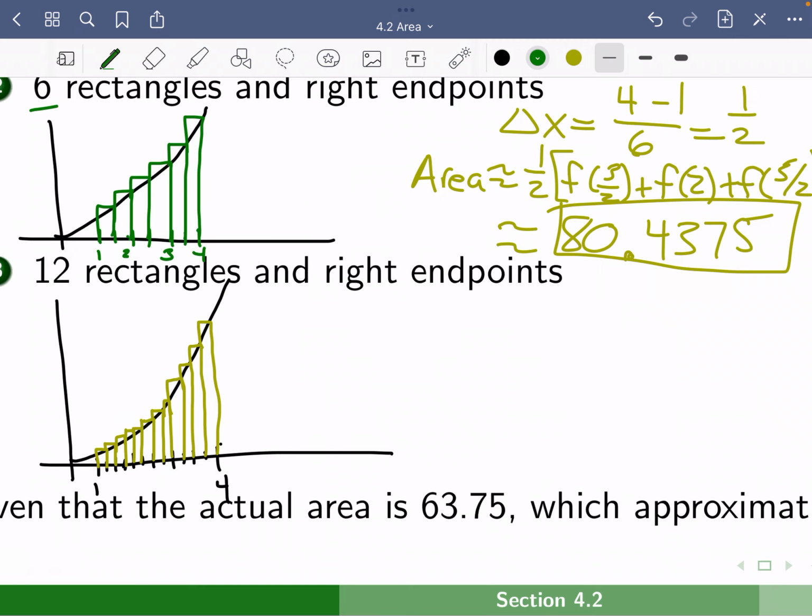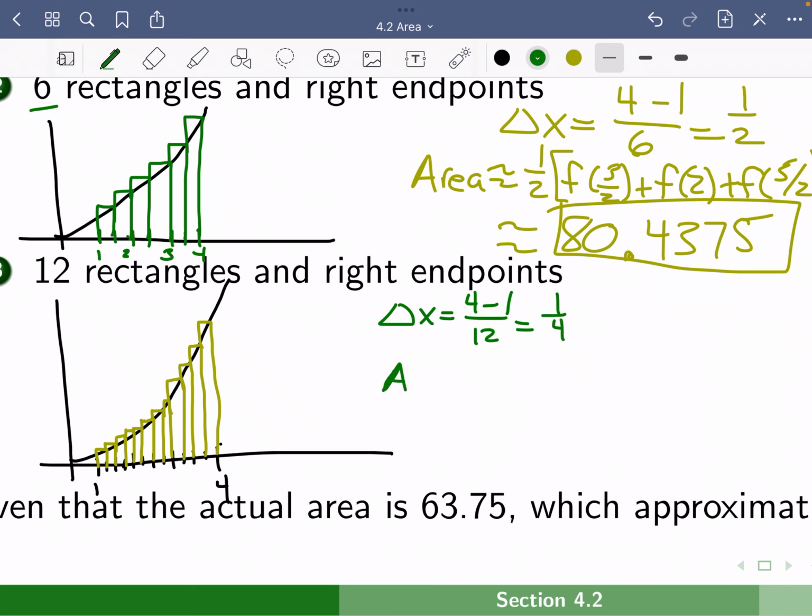Our area, well, let's look at the width. So delta x, same b, same a, so b minus a, 4 minus 1 over 12, which is 3/12 or 1/4.